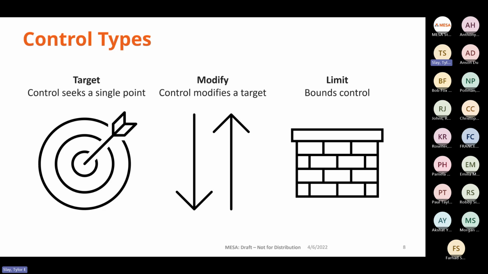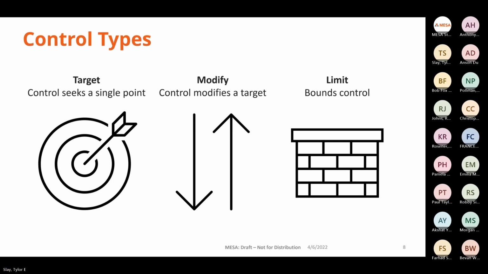So these are anything that has a following tag on it, like your droop controls and your load following, generation following, your power smoothing controls. And then you have your limits, which try to bind your control within some type of upper and lower bound.